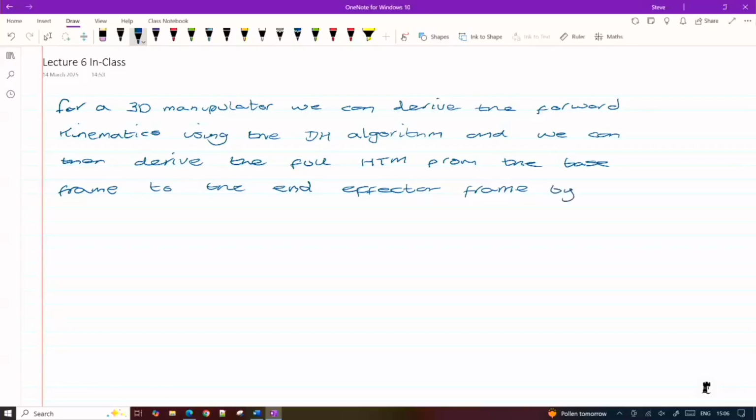And we do this by multiplying together the individual frame-to-frame transformations that we come up with through the DH algorithm.